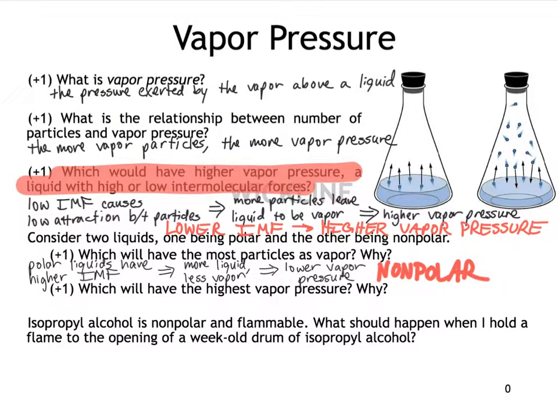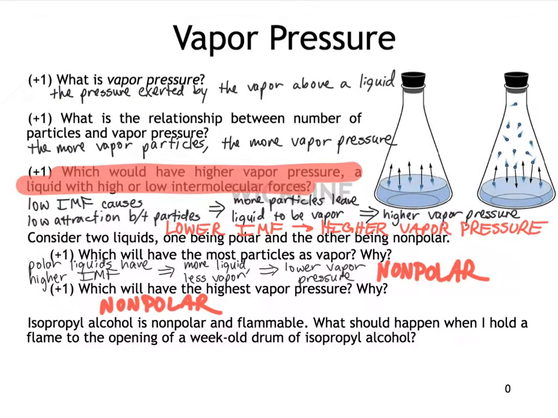Now similarly, the one that has the most particles as vapor, the non-polar substance, that's going to also be the most vapor pressure, because the more particles, the more pressure. Alright, so I have a video to include here for you for the following, where it says isopropyl alcohol is nonpolar and flammable, so we know its vapor pressure is going to be higher.